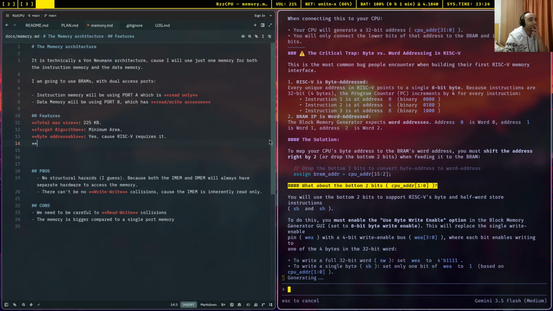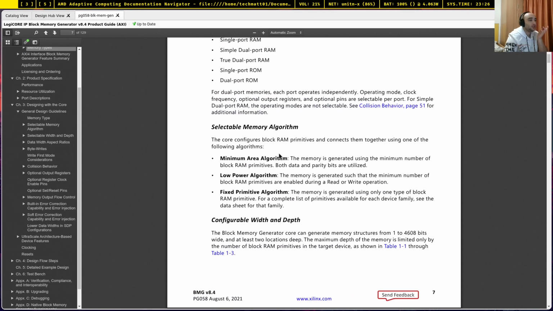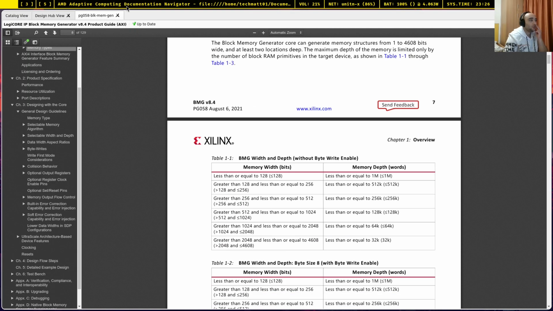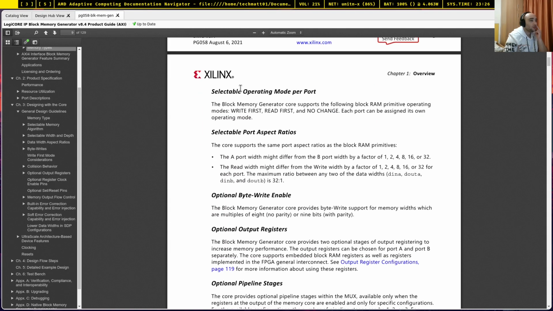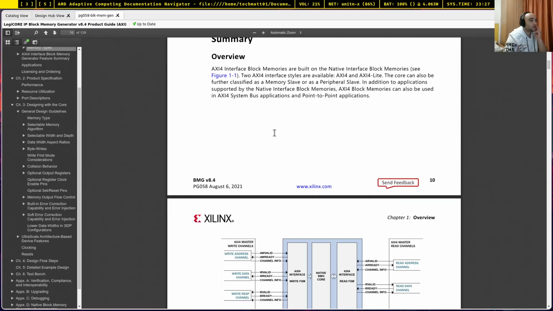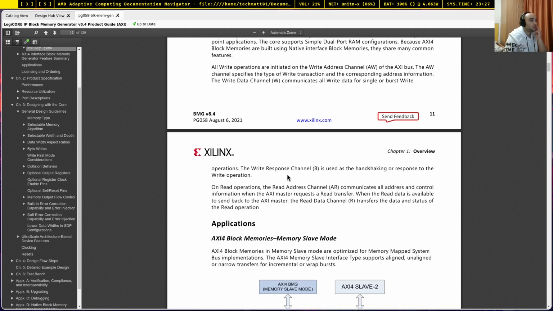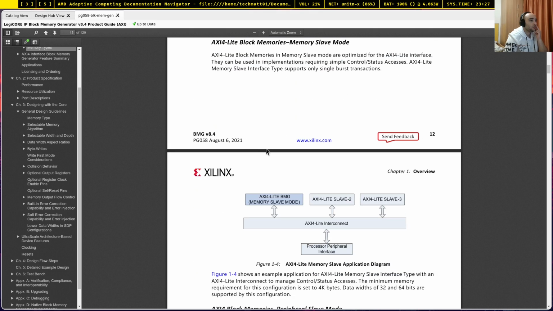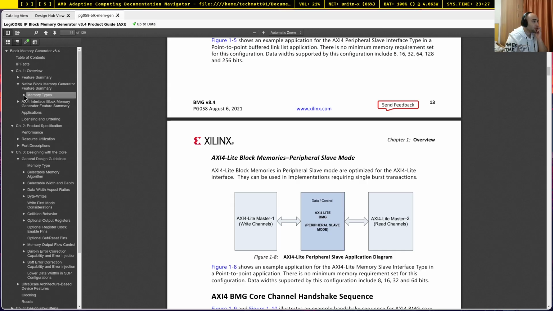So, first of all, let's go. I didn't actually read what is the difference between the two. I will read about that later. Now I want to read about different kinds of memories. Memory types.